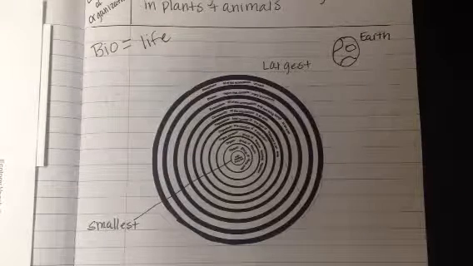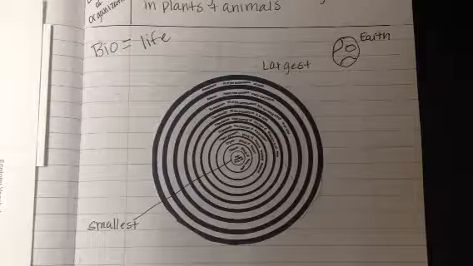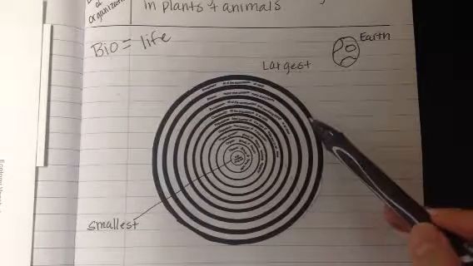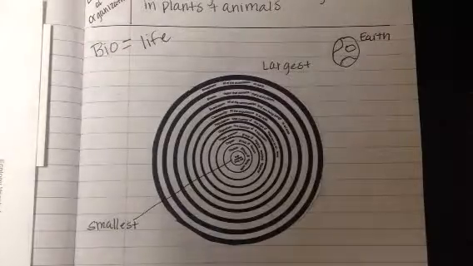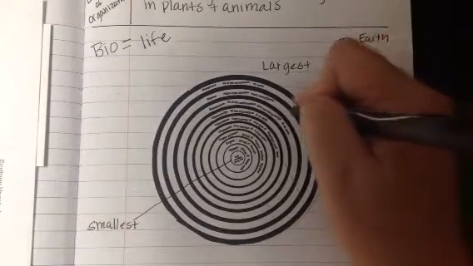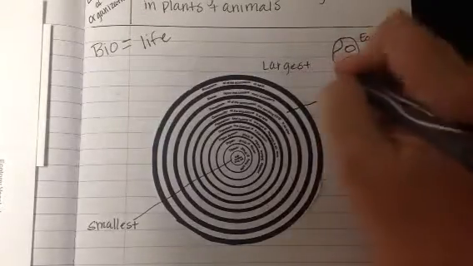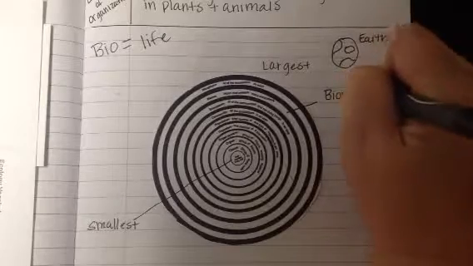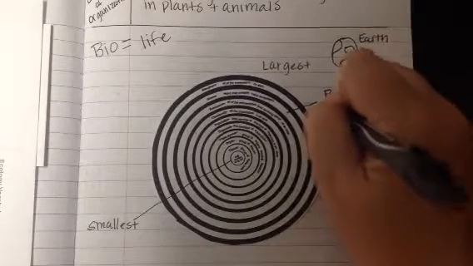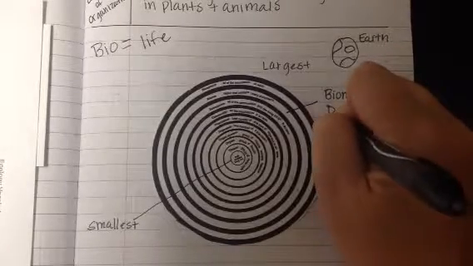Okay, now we're going to talk about each of these ones. So we just talked about the biosphere being the Earth where living things are, and then we have biomes. Biomes, you probably are very familiar with that term. Remember, those are the things, and you're going to write this down too. Those are the things like the desert, grasslands.